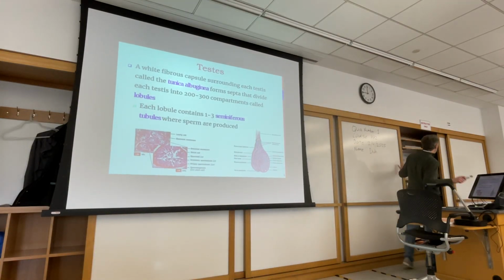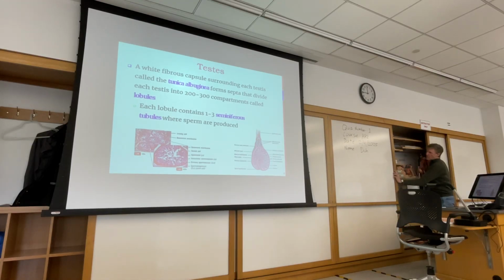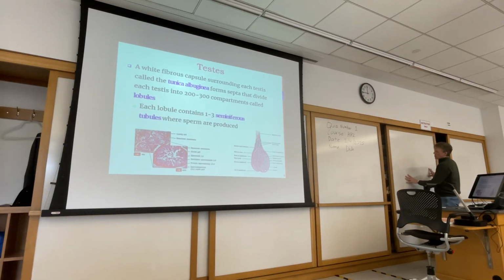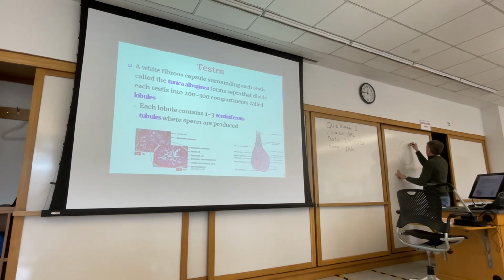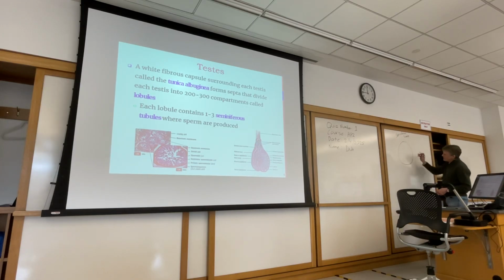And this is important for me to explain something here. I'm going to draw a picture of it. So here's a seminiferous tubule. Inside of the seminiferous tubule are the cells that are going to become sperm.